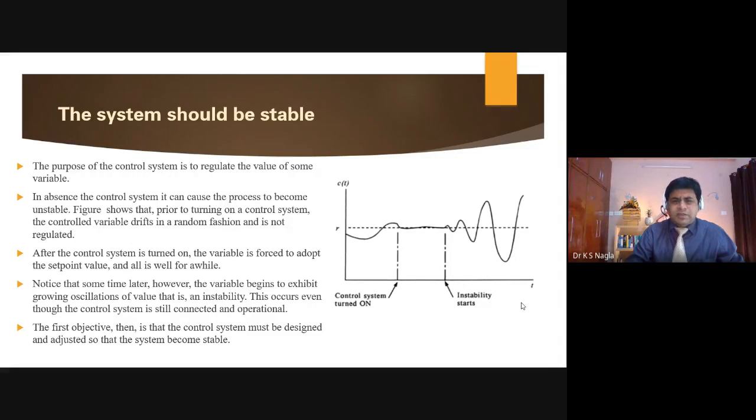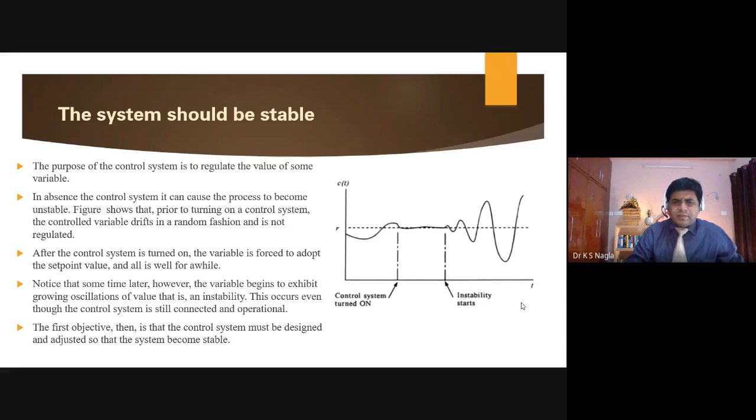On the bottom side, the graph is displayed in the time domain: time t is changing, on the upper side is the output c(t), and small r is your set point or reference point. This dotted line is showing you the reference point, and the black line, which is an oscillating line, is showing you the actual response of the system.